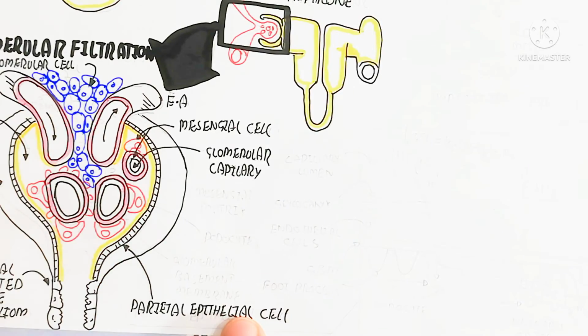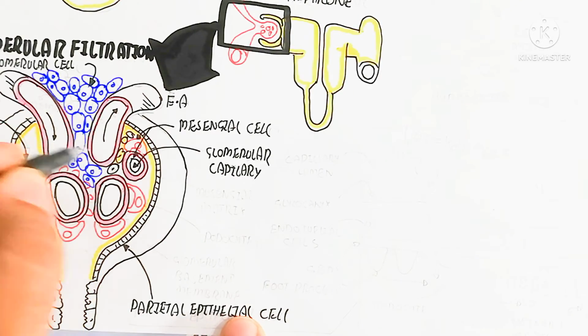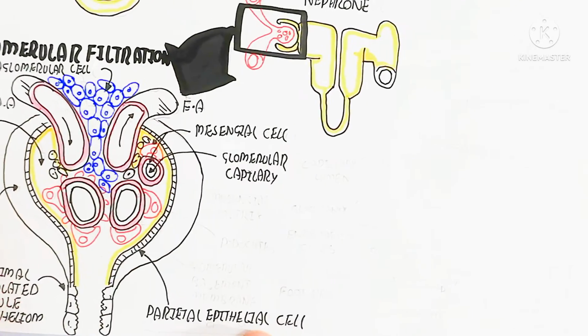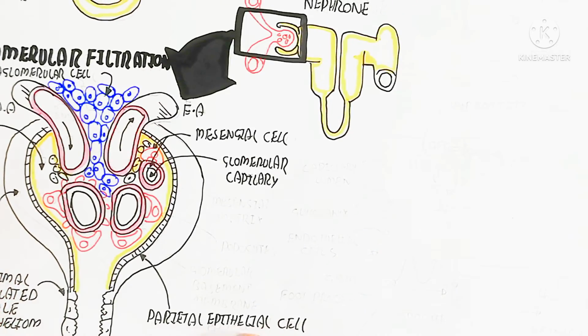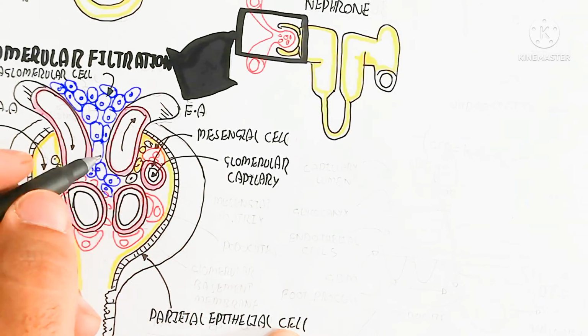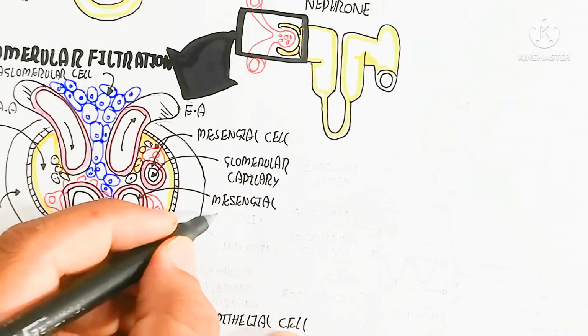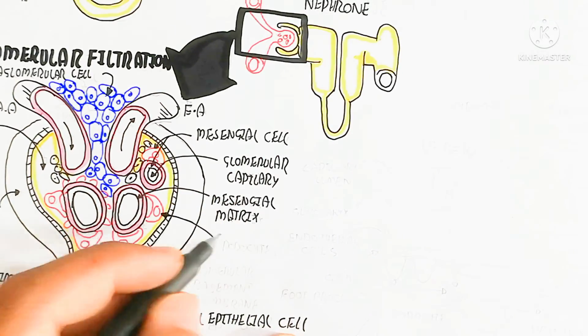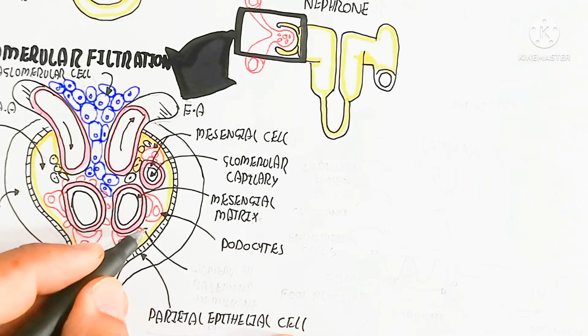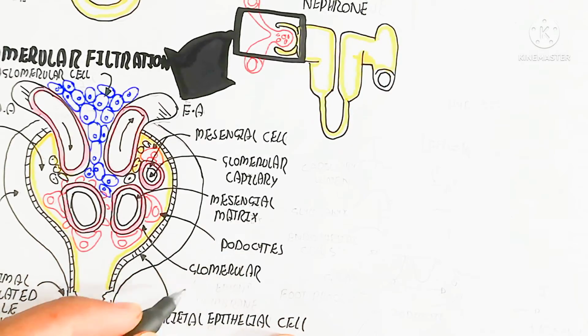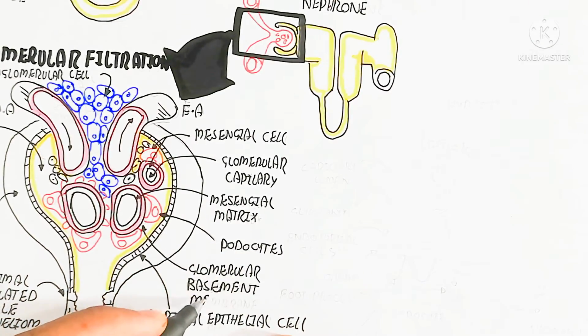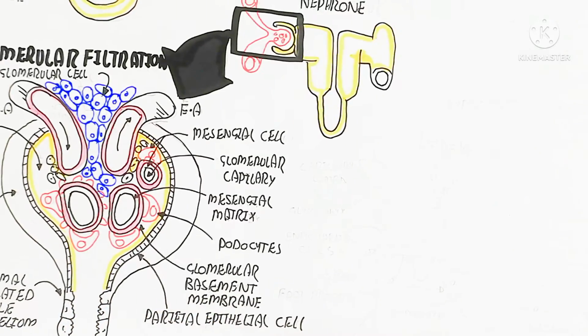But one more important thing, the red color shows the podocyte, and the podocyte basically has foot processes, which form the slit diaphragm. So the slit diaphragm, this is the glomerular basement membrane.